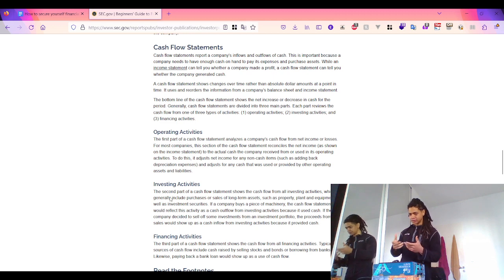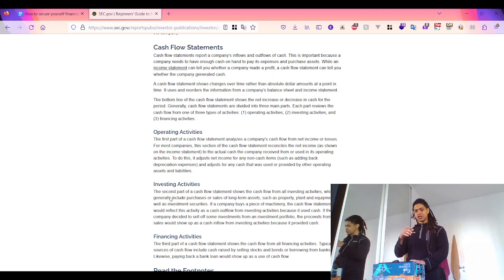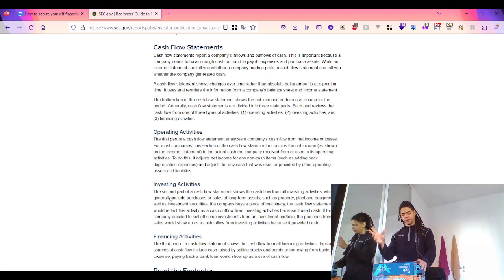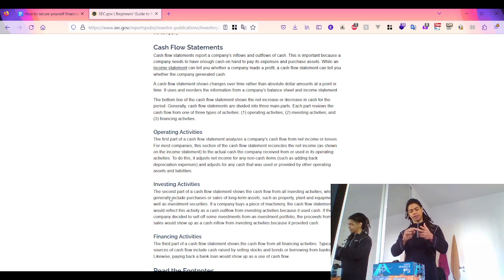Accrued expenses are expenses that a company incurs for goods and services that have been received but not yet paid for, such as wages and salaries, rent and utility bills as well, taxes.